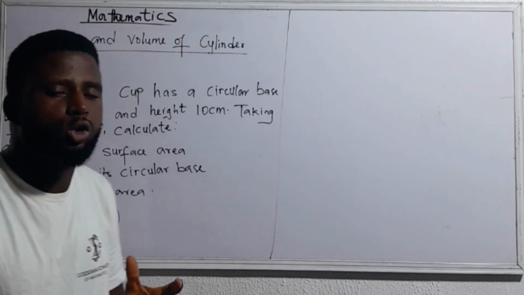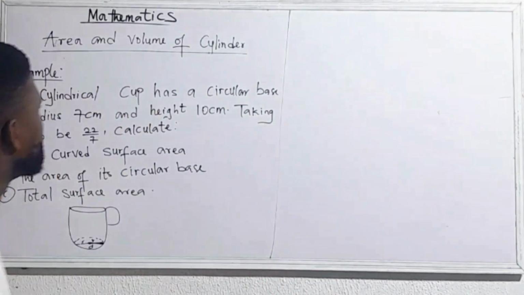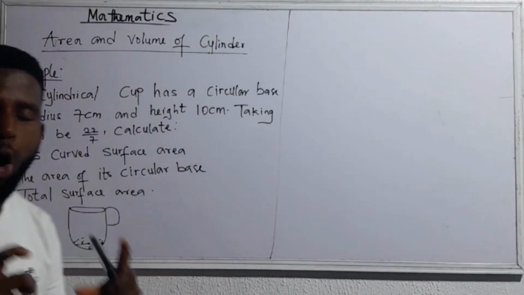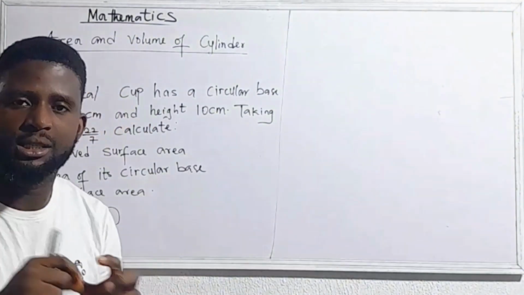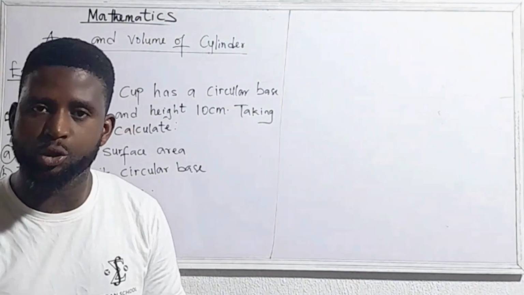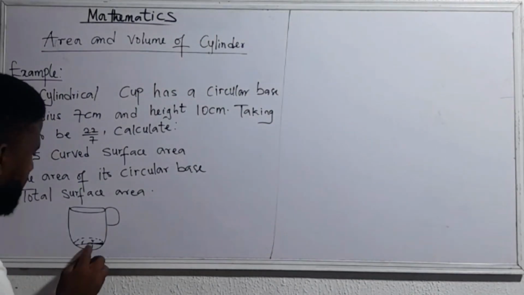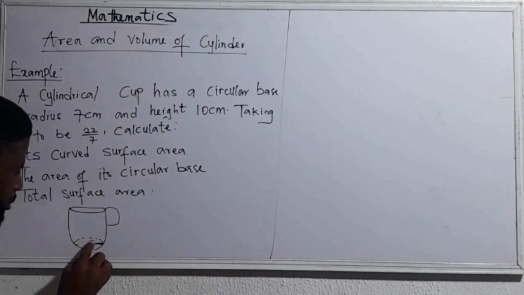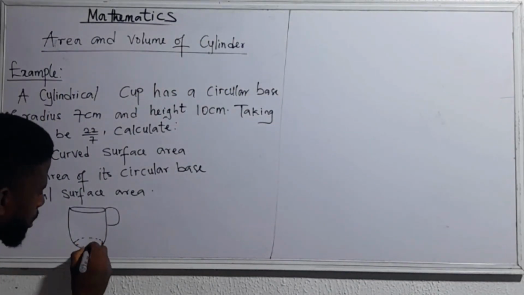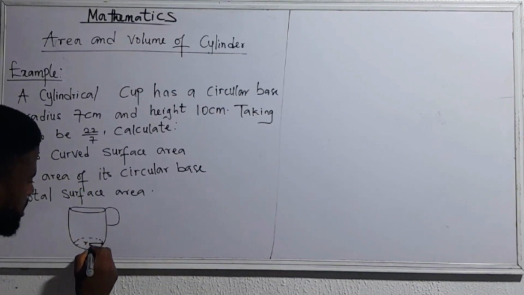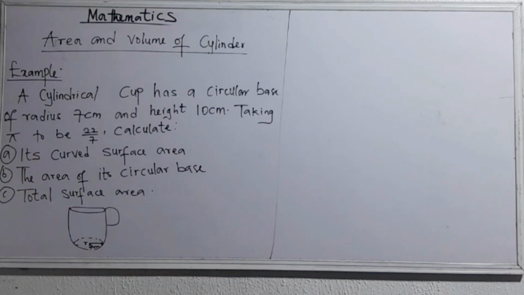Because in some questions, you might be given the diameter instead of the radius. You should know that your radius is equal to diameter divided by 2, so that the diameter is equal to what? 2 radius. Now, we're given that our radius is what? 7 centimeter, right?